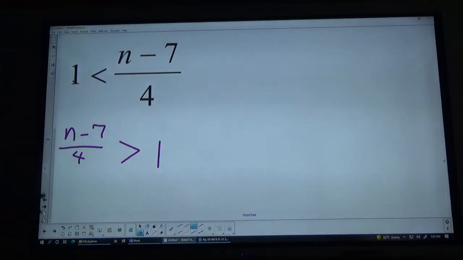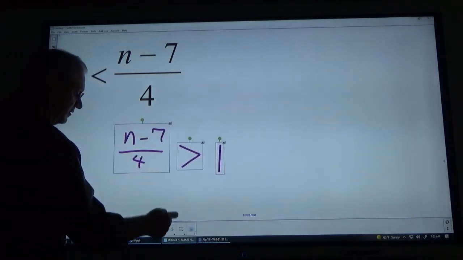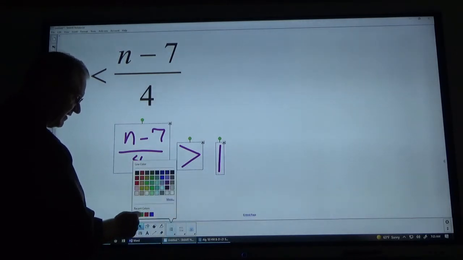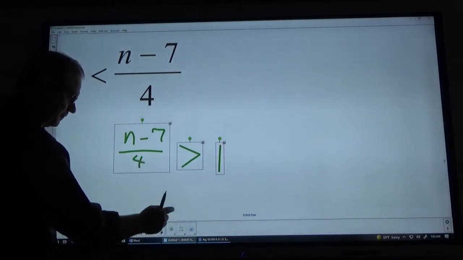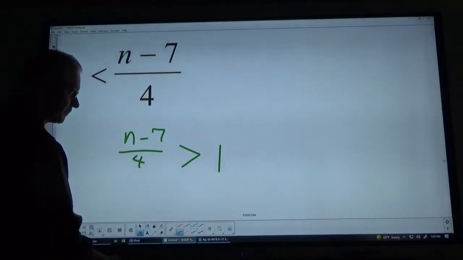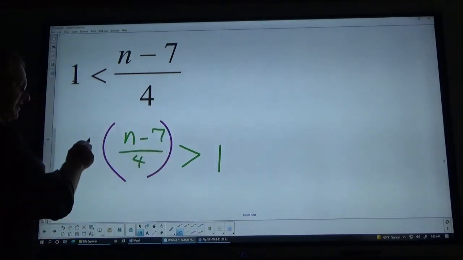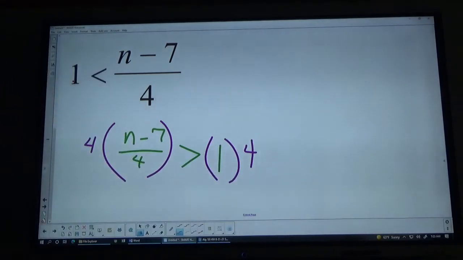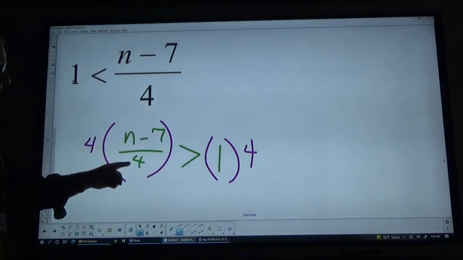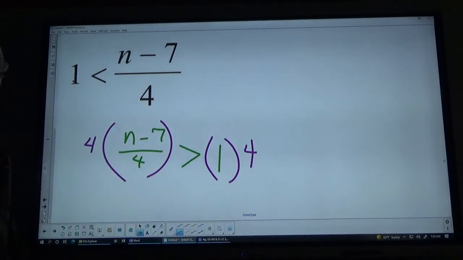Now that I've done that, I'm going to move all of this over a little bit so I have room. I'm going to get rid of the division by multiplying both sides by 4. Now that's not in our step list, but because I've got the top divided by the bottom, it's essential that we get rid of that denominator, so I multiplied everything on both sides by 4.